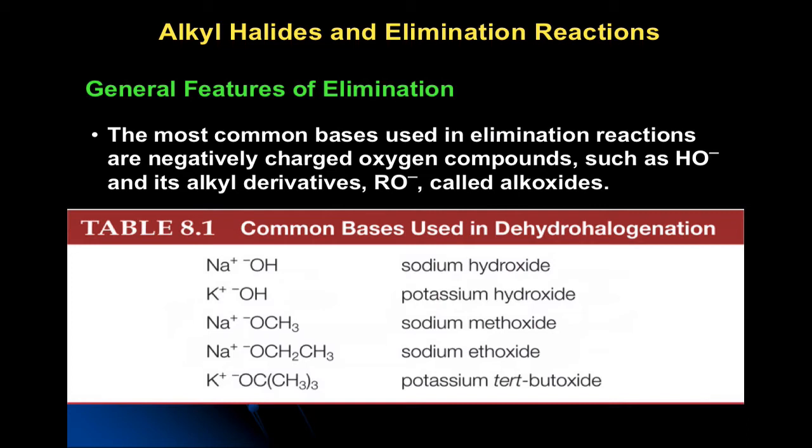But a secondary or tertiary alkyl halide can be used quite readily in eliminations. Potassium tert-butoxide will not function as a nucleophile, so it's always your safe go-to bet on an exam. If you need a non-nucleophilic base to do an elimination, most students will go after potassium tert-butoxide. It's a safe bet.